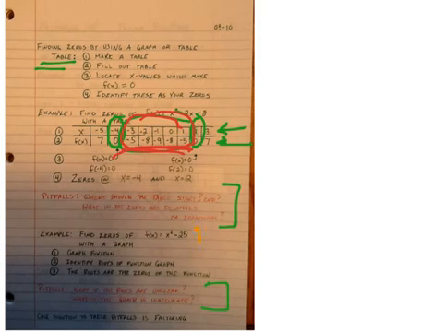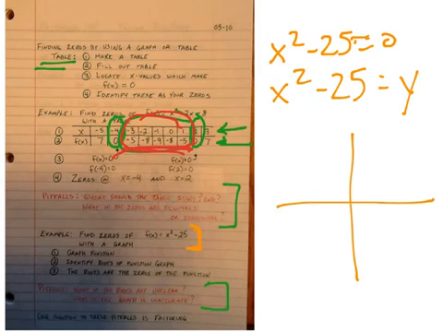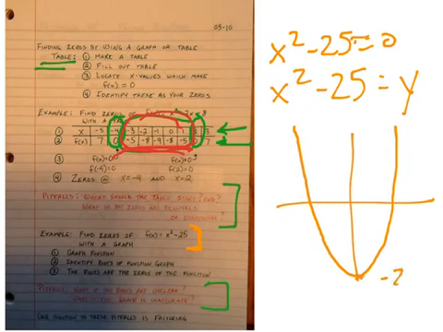Another method is to find the zeros using a graph. If you wanted to solve when x squared minus 25 is equal to 0, we could graph the equation x squared minus 25 equals y. For the familiar grapher, we know that this is a parabola which has shifted down 25 units.